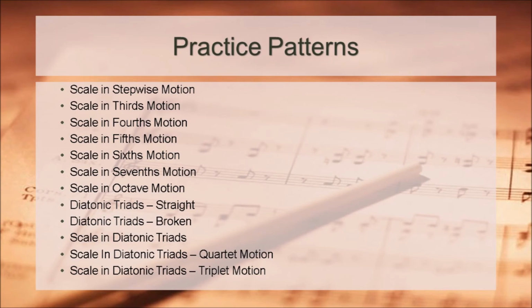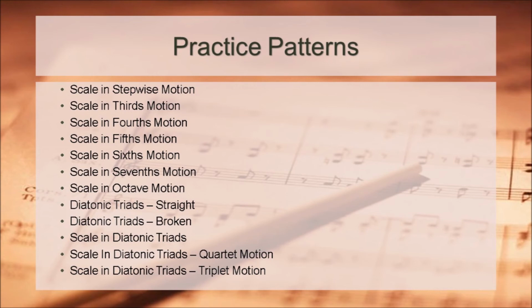Then we have the sixth motion. Now, when we start getting up into these higher leaps, higher intervals, sixths to sevenths and the octaves, you don't necessarily see them as a regular melodic device. You see them as a leap somewhere, but you won't see them necessarily as a pattern, although they could be. I'm not saying you can't do it.